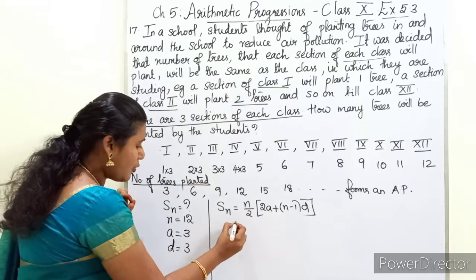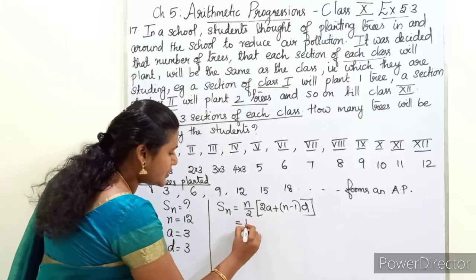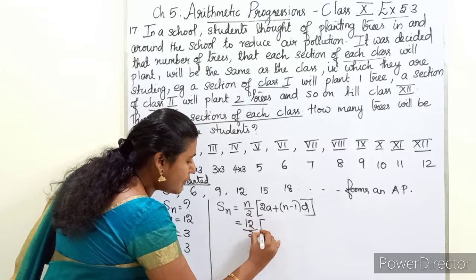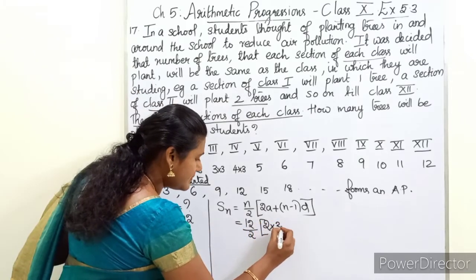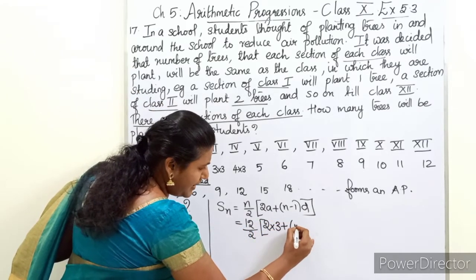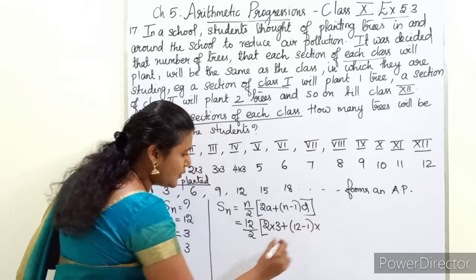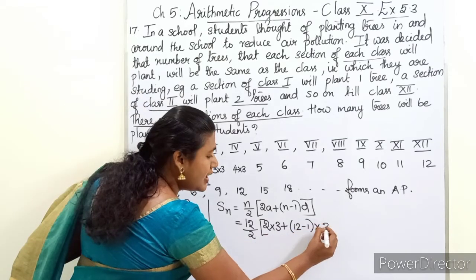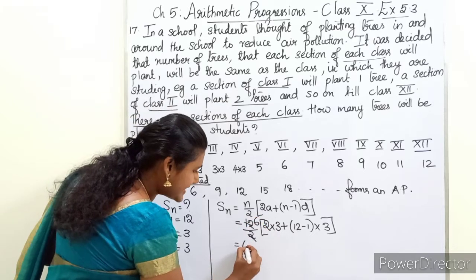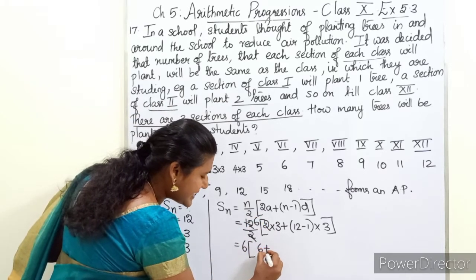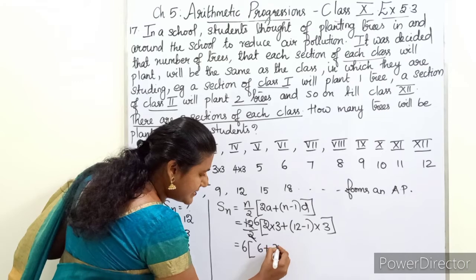Clear? So here what is the value of n? n is equal to 12. So 12 by 2 into 2a, 2 into what is the value of a? 3. Plus n minus 1, that is 12 minus 1, into d value, which is also 3. Now we will simplify this. Here we can cancel, so 6 into 6 plus 11 into 3, that is 33.